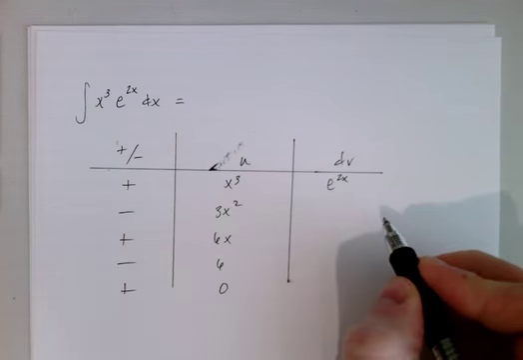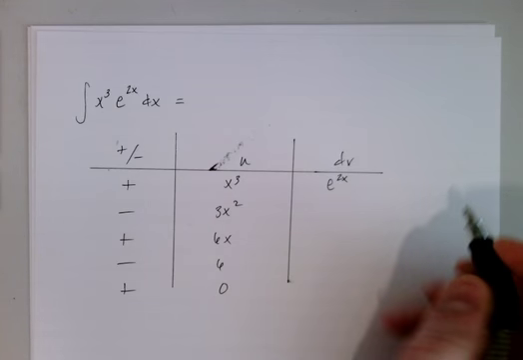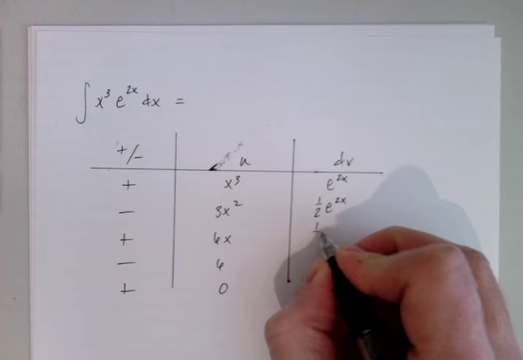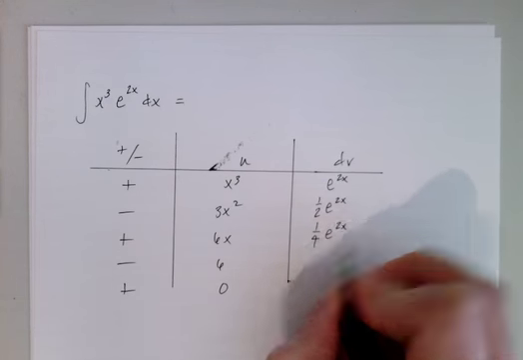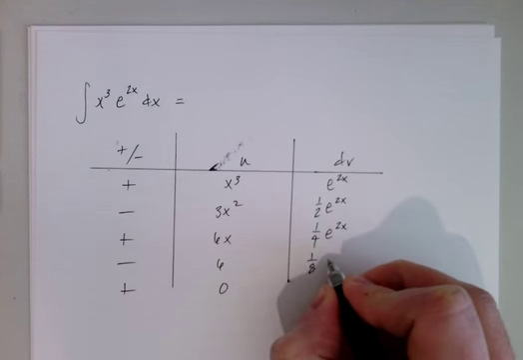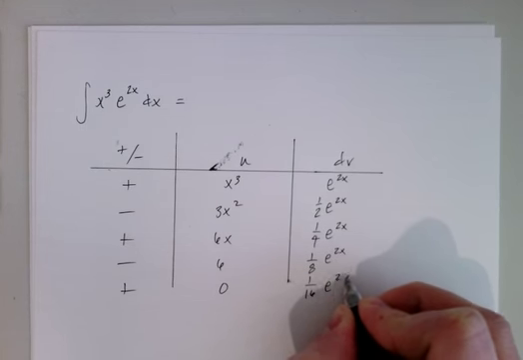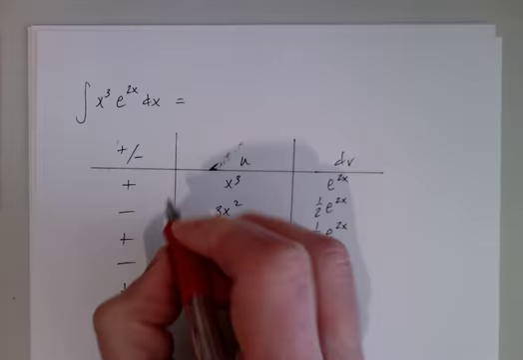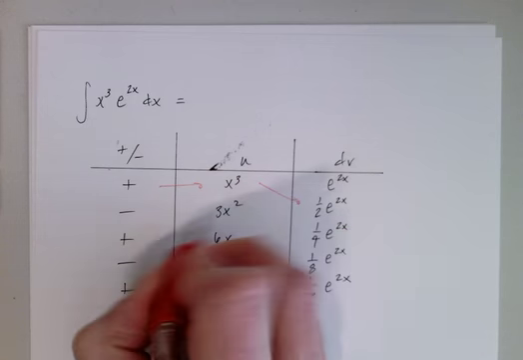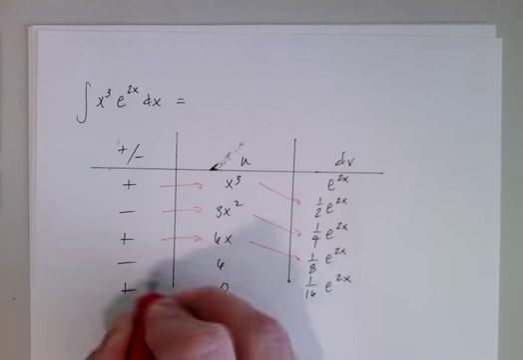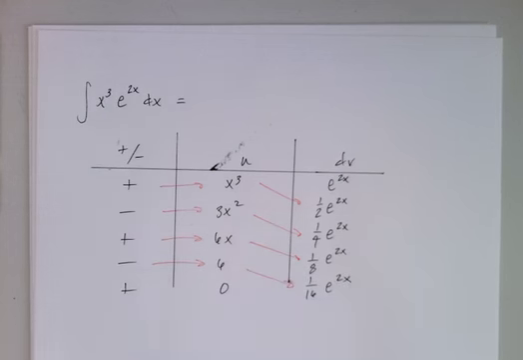If I were to differentiate it, it would become 2 times e to the 2x. But if I anti-differentiate it, the coefficients go the other way. I'm going to get 1/8 e to the 2x and then 1/16 e to the 2x. And remember, it's over and down, over and down, over and down, over and down.